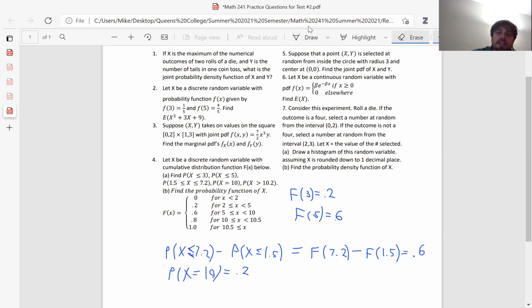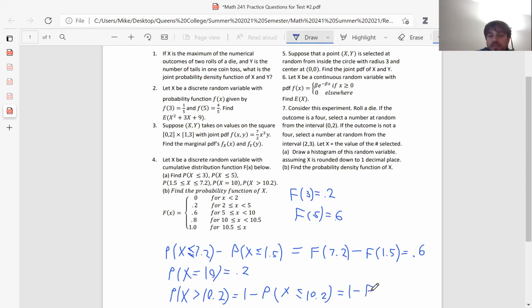Okay, that makes sense. And the probability that x is greater than 10.2. I like this example on the review sheet a lot because it covers lots of different ways of thinking of this problem. This is 1 minus the probability of x less than or equal to 10.2, which is 1 minus capital F of 10.2.